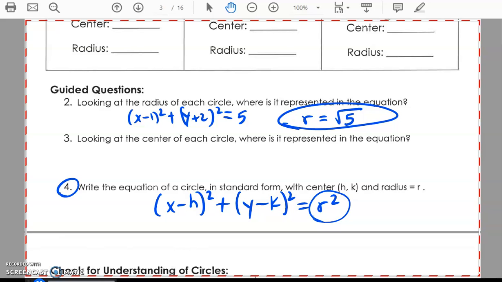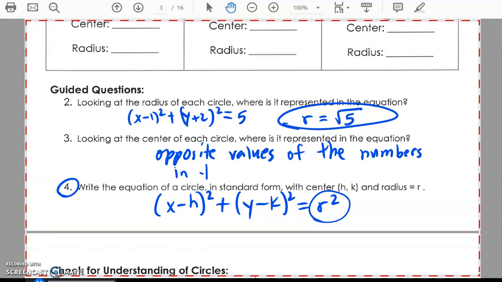So make sure that you're going to be square rooting that if you're finding the radius. And the center of the circle is always the opposite values of the numbers in the parentheses. Okay, so just identifying the center and the radius, and that's really all we'll be focusing on here for circles.